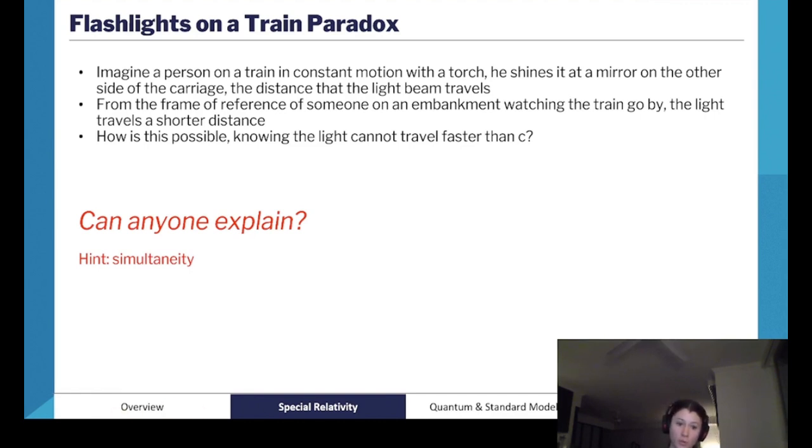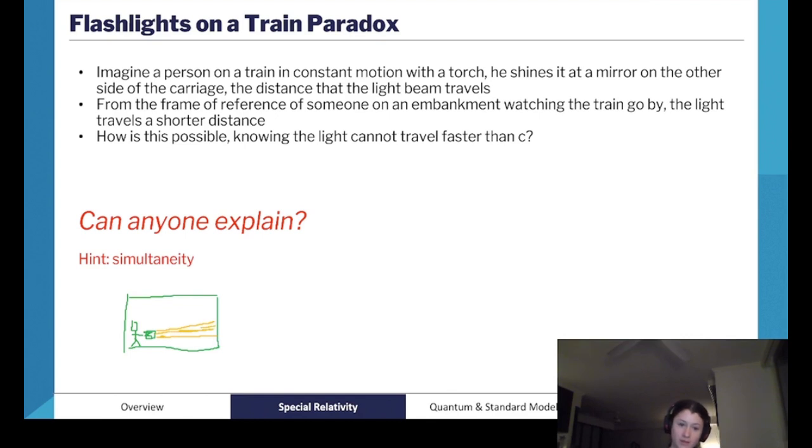I'm just going to draw a quick diagram of this. So, for the person on the train, what he's seeing is the light from the torch to the other side of the carriage, right?